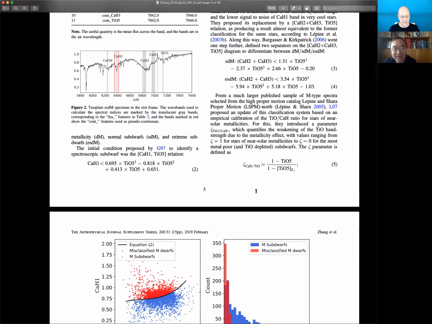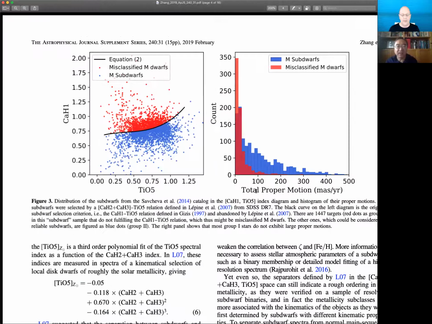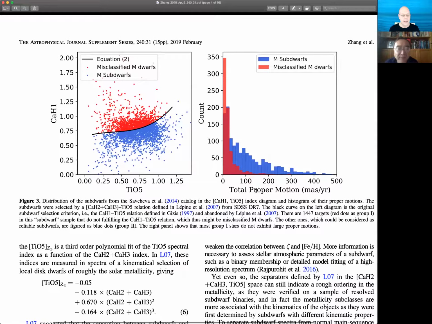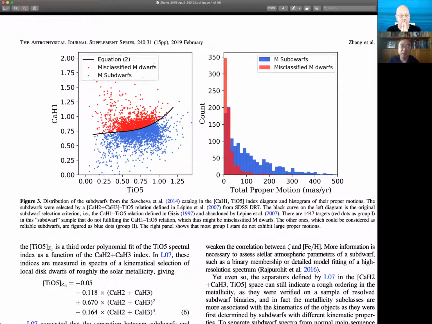So please go to Figure 3. Certainly. On the left figure, all the points are from Savcheva's work on Sloan in 2014. In this work she got around 3,000 M-subdwarfs from Sloan data. We can see she used Lépine's criteria for separating M-dwarfs and M-subdwarfs.